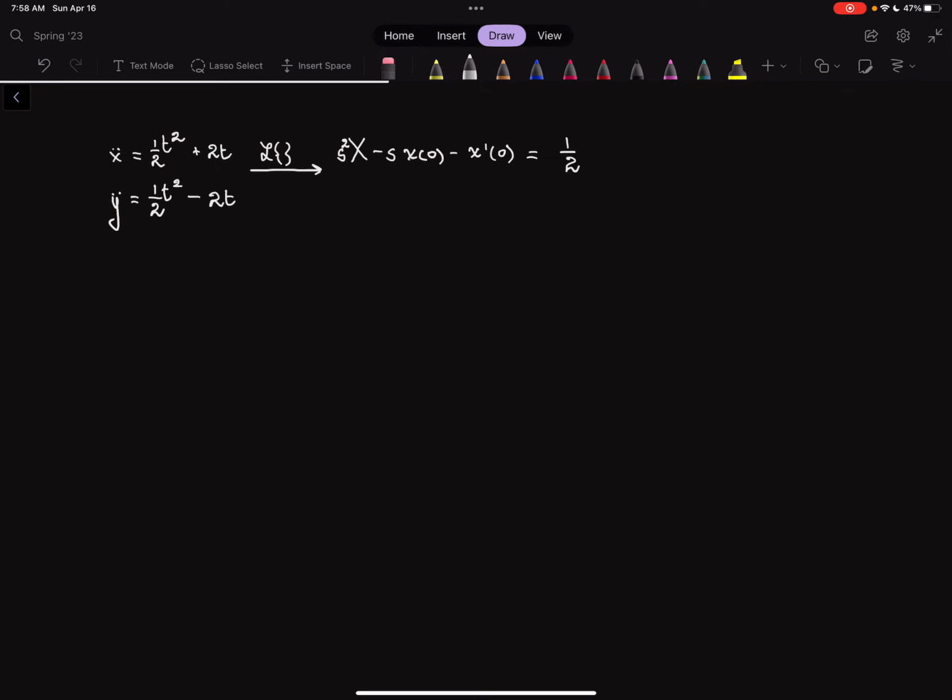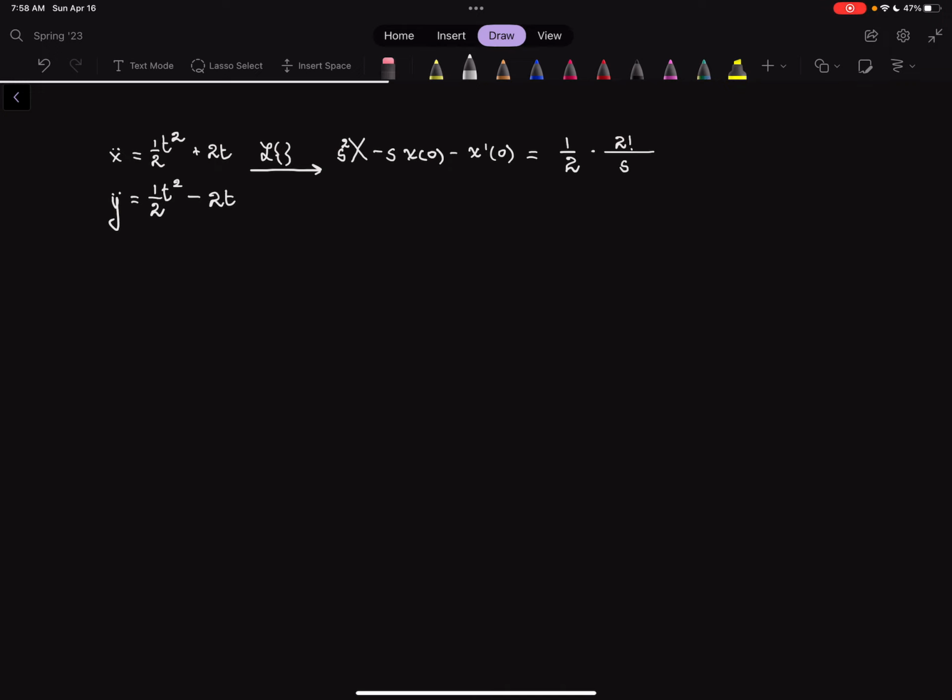Now, if I look back at my table, if I have a t squared, in the Laplace domain, it's going to be, on the numerator, the factorial of the exponent. So it's going to be 2 factorial, which is just 2 times 1, which is 2, divided by s to the exponent plus 1.